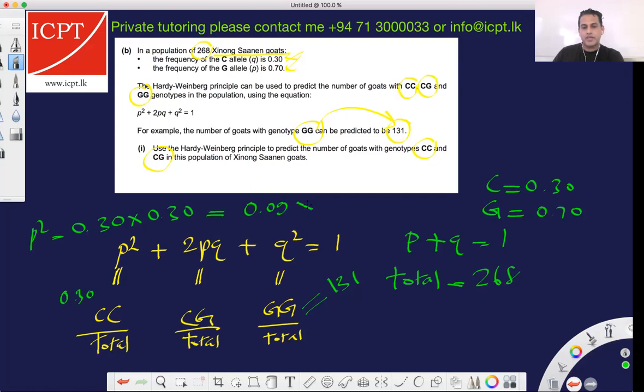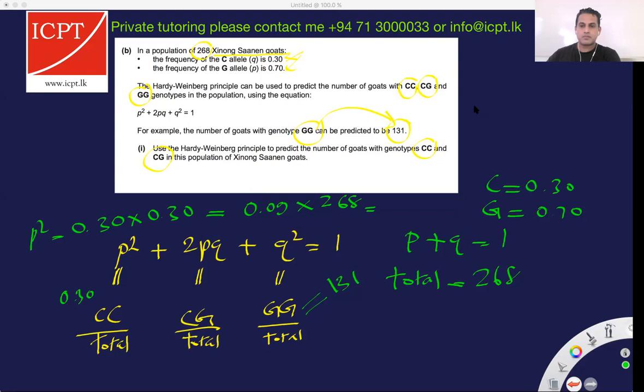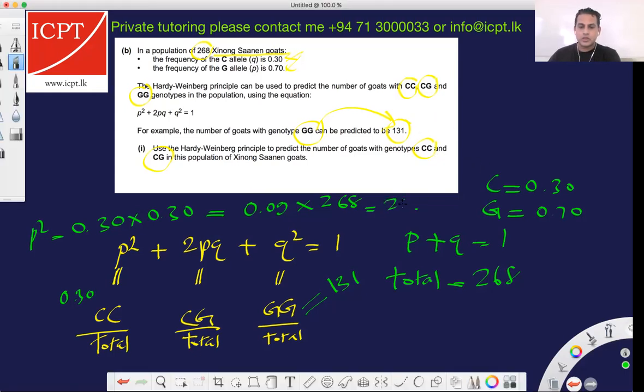If you multiply this by the total number 268, I get 24.